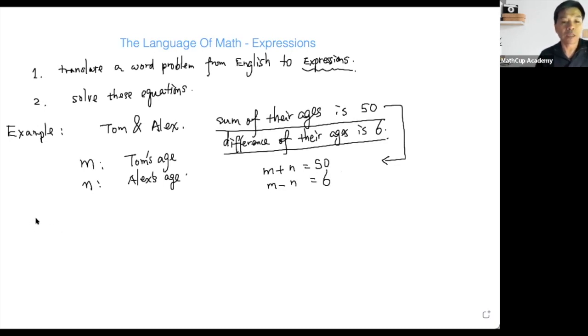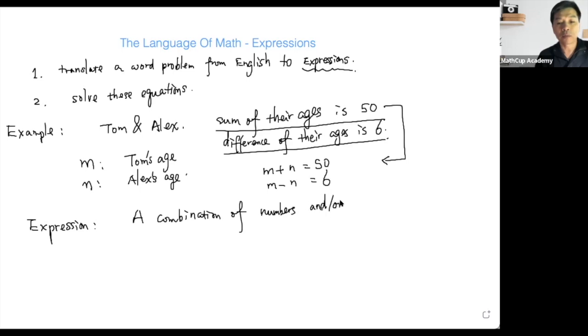An expression is a combination of numbers and variables using operators like plus, minus, multiplication, division, and so on and so forth.